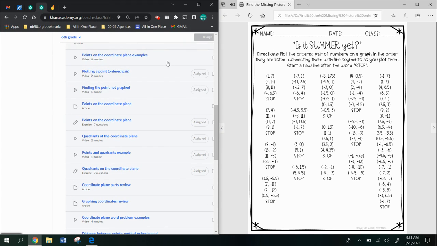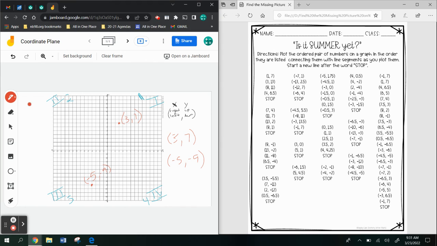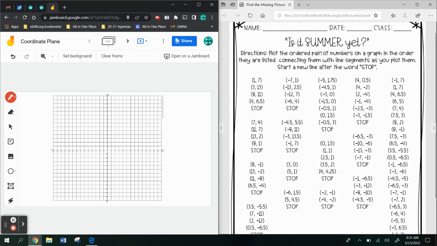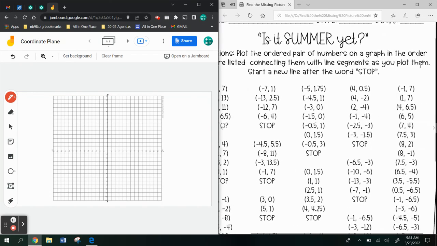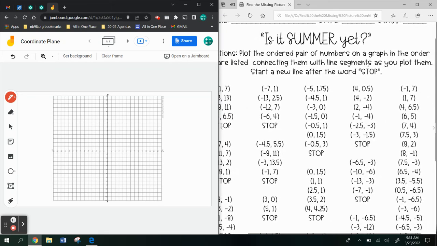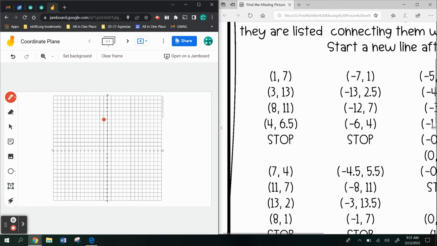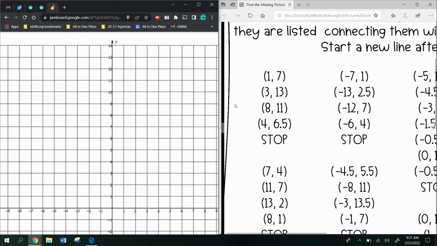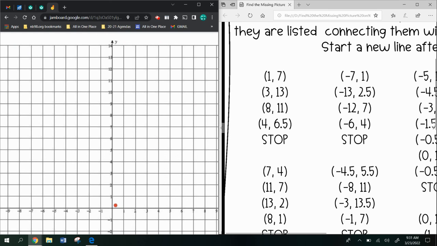Let me make this split screen. I think you guys can see split screen. Let me erase this because this is the same coordinate grid. So it says plot the ordered pair of numbers on the graph in the order they are listed, connecting them with line segments as you plot them. Start a new line after the word stop. So I had already done the first section for you, so I'm gonna go through that again. 1 comma 7.